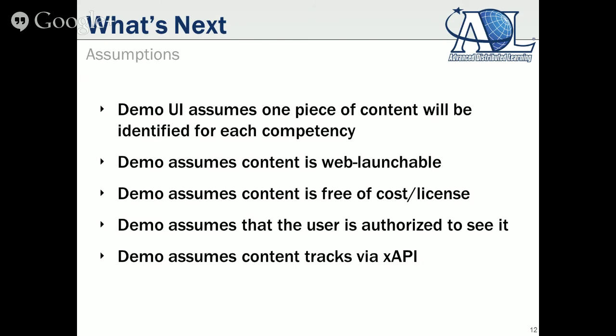For example, if it's Experience API enabled content, you just let it do its thing. If it's a YouTube video, then you catch those HTML5 events that it publishes and you track on its behalf. If it's something that doesn't publish events, maybe all you can do is track that it was accessed.